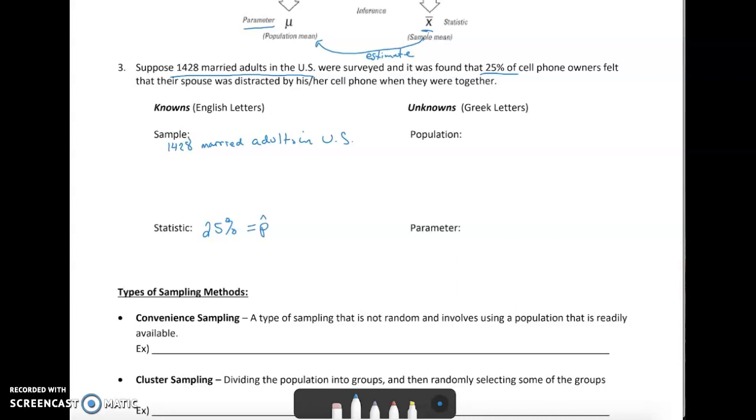Now my population, the whole bigger picture that I'm trying to discuss, would be all married adults in the US. And the parameter, what I'm trying to estimate about them, would be the percentage of all of these people who feel this way.